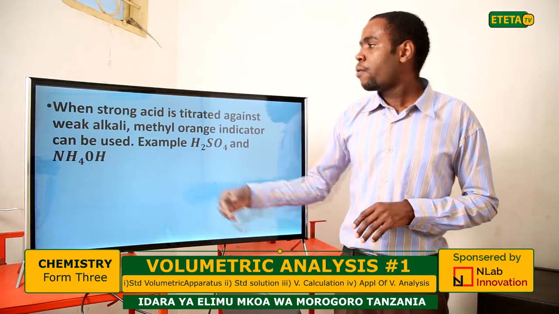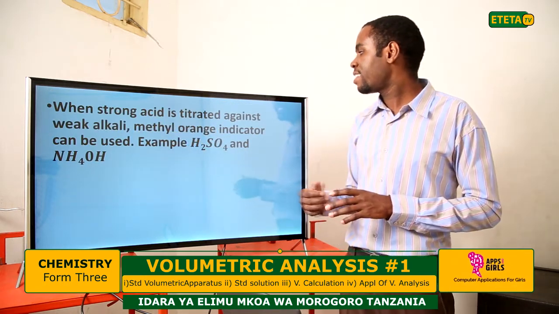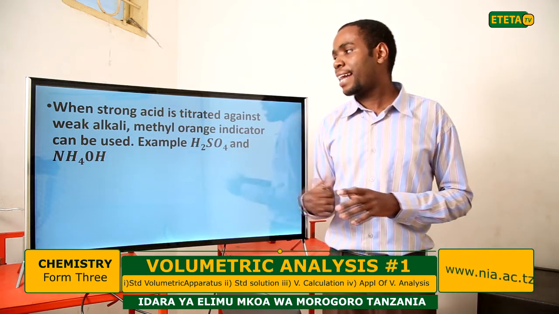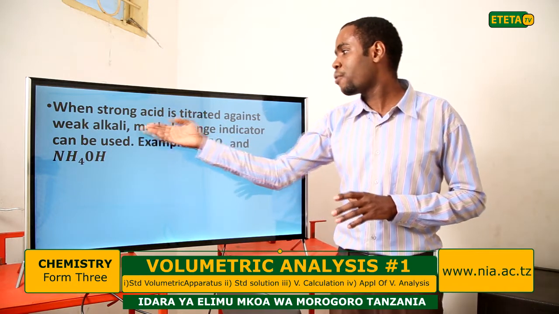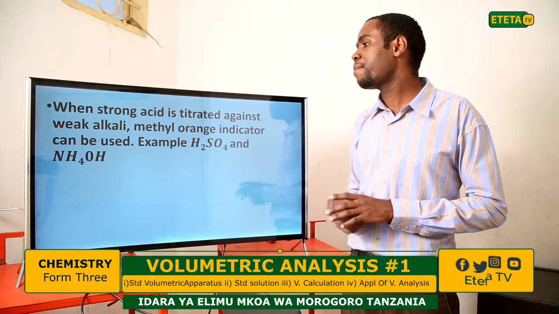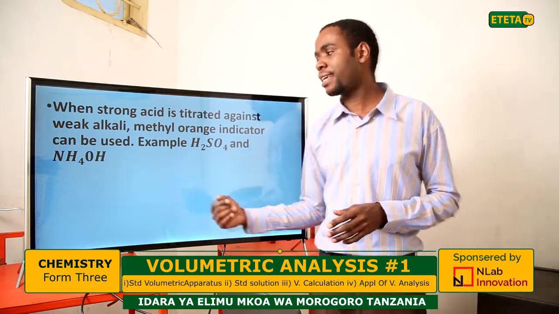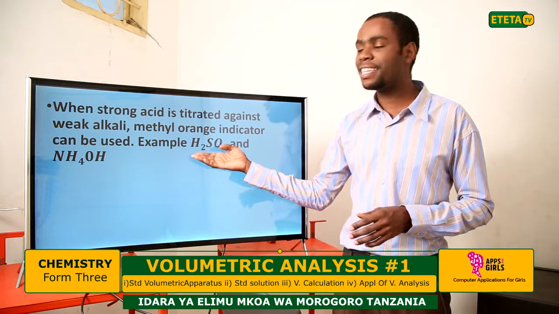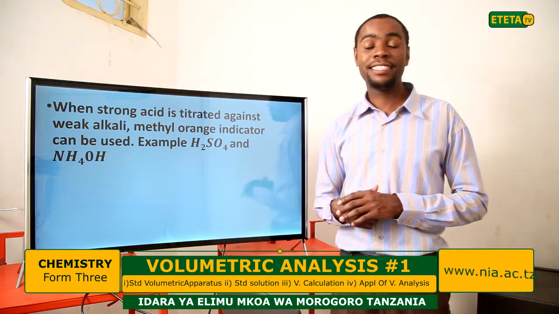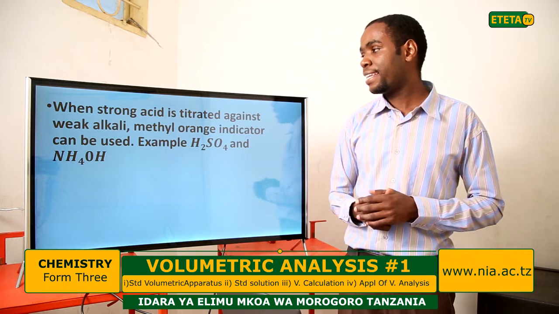Case 3: when strong acid is titrated against weak alkali. Strong acid, weak alkali, methyl orange can be used. For example, sulfuric acid and ammonium hydroxide. Sulfuric acid is a strong acid, ammonium hydroxide is a weak alkali.